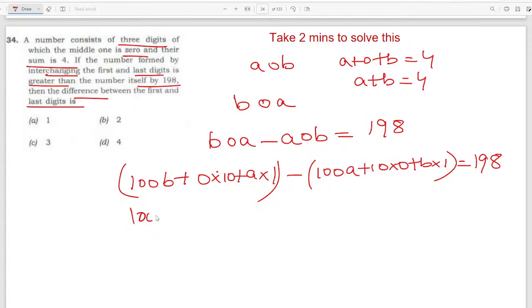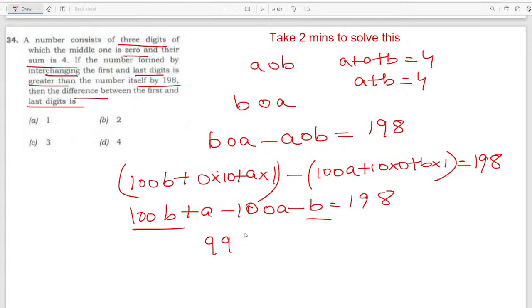This is 100B plus A minus 100A minus B. If you open the bracket, it will be minus B. Is equal to 198. And this is 100B and minus B is 99B. And A minus 100A is minus 99A, equal to 198.